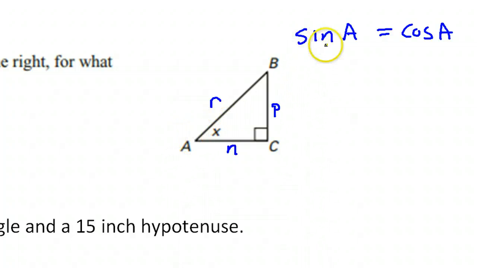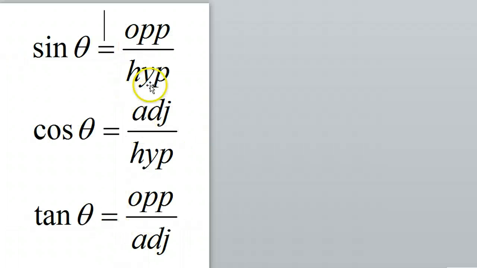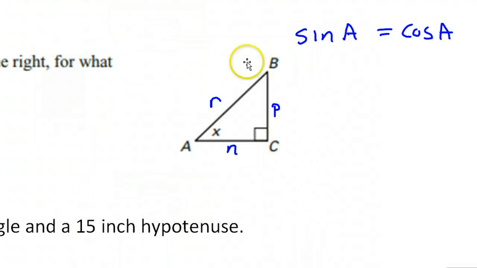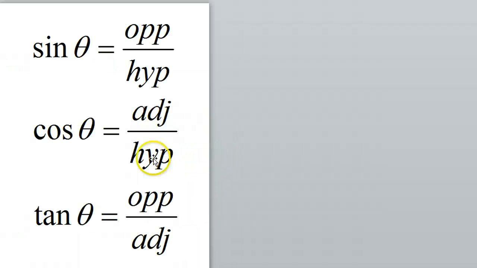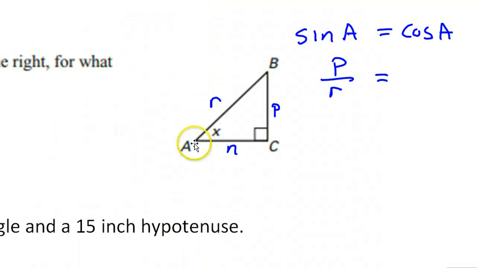What would be the sine of A? The definition of sine is opposite over hypotenuse, so the sine of A would be p over r. Now the cosine of A is adjacent over hypotenuse, so that would be n over r.